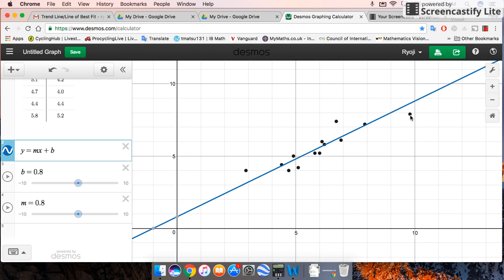So anything beyond this point to the right would be considered extrapolation. Anything before this point to the left would also be considered extrapolation. So again, if it falls within the data that we already have, it's interpolation. If it's anything before this point, it's extrapolation. If it's anything after this point, then it's also extrapolation, right?